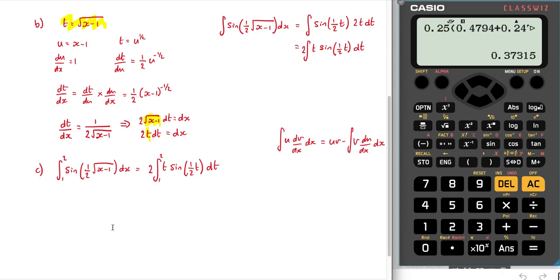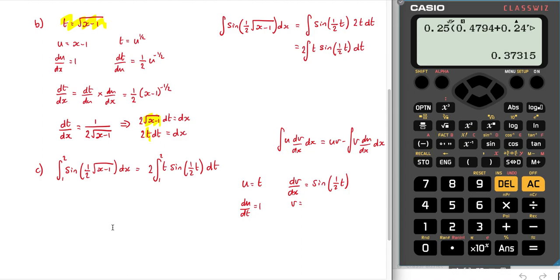So t is going to be u, and then dv by dx is going to be sine of a half t. We know we want to differentiate u, so du by dt is 1.